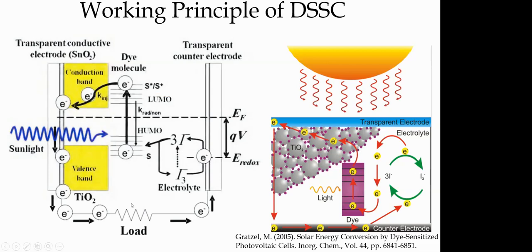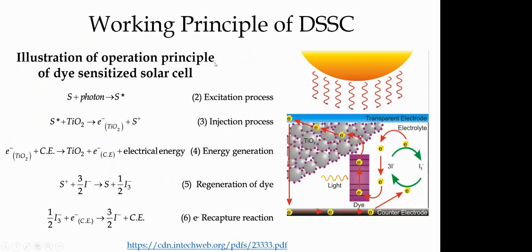So if you summarize all these processes, how this is happening after light: the first process is that light is falling on it. Then the second process is that your dye molecule excites into its excited state. Then the electron transport material captures this excited electron. This excited electron through the TiO2 comes to the counter electrode, means it passes through the load and then reaches the other end.